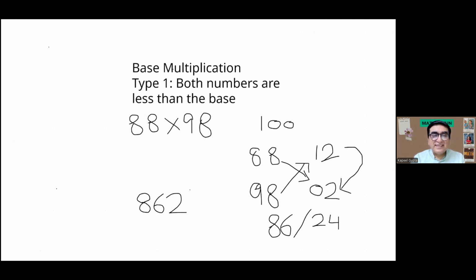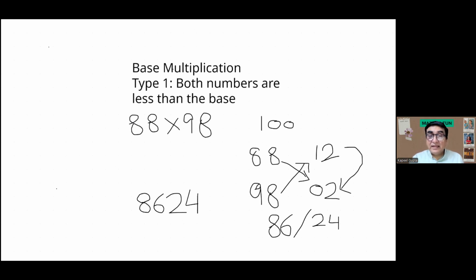Wasn't it super easy? Okay, let me explain that to you again. We took the question as 88 multiplied by 98. Because we are doing base multiplication, for these two numbers the base is 100, because both these numbers are less than the base. I subtracted 88 from 100 and got 12.